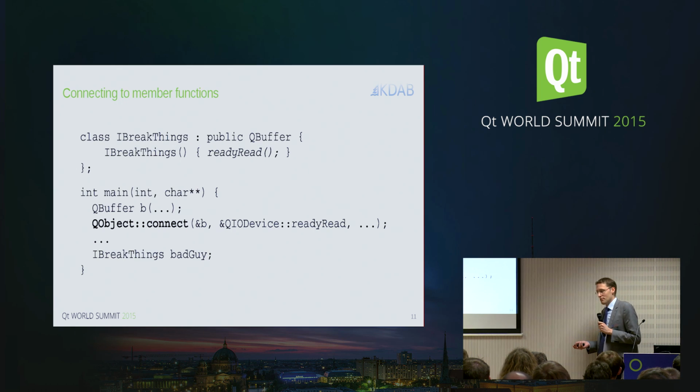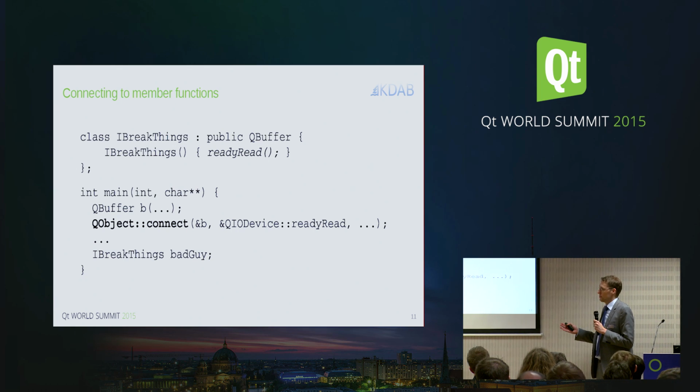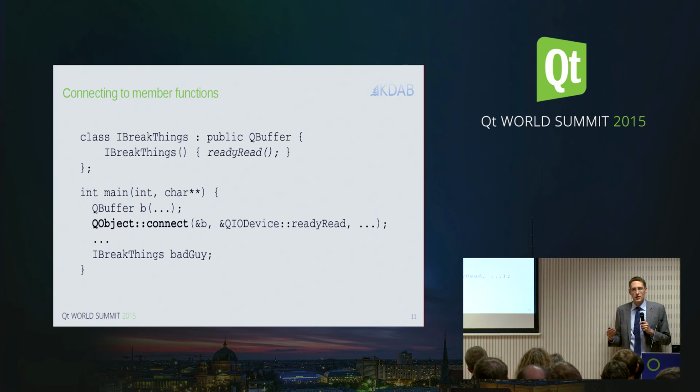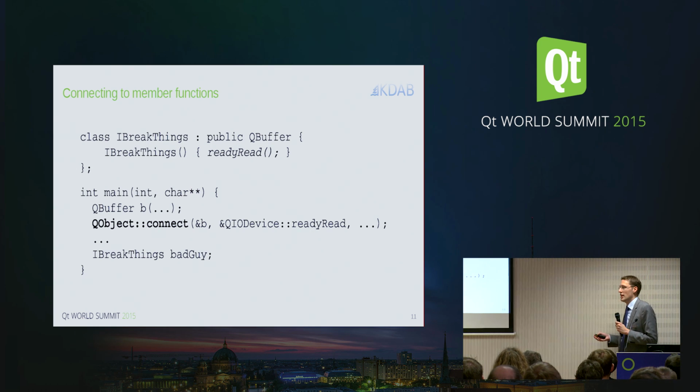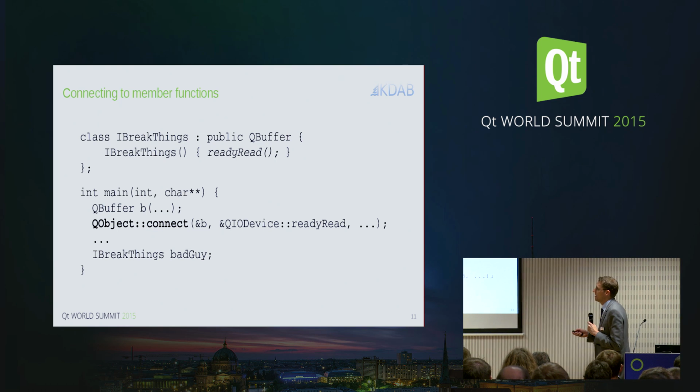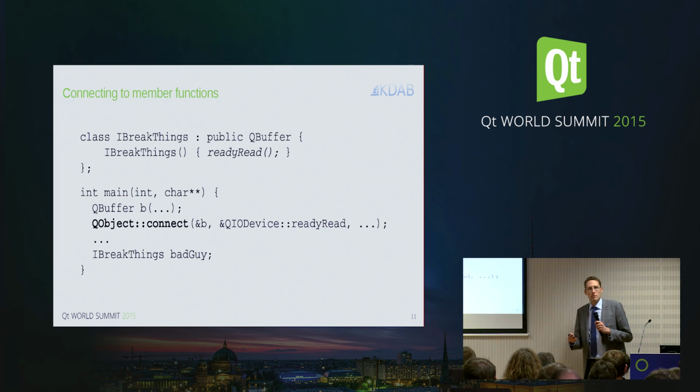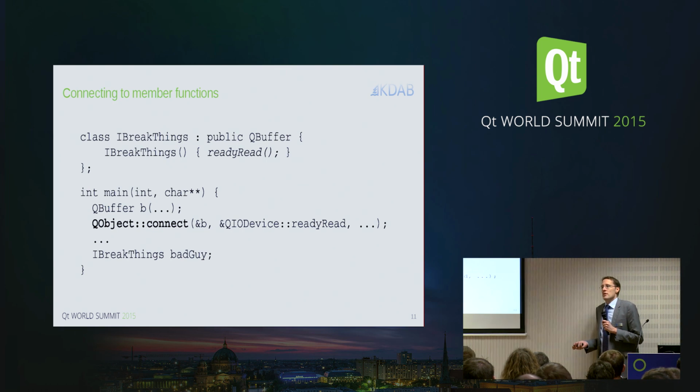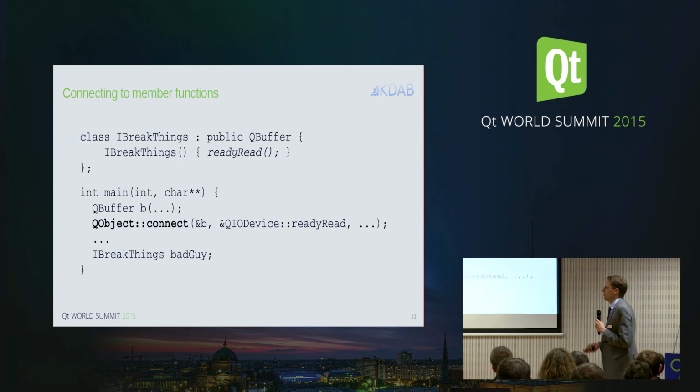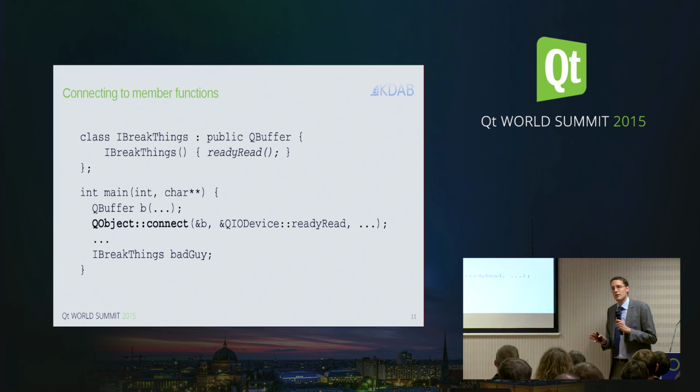The way the signal lookup works is the meta object has the function pointers for all the signals in its data structure, and it compares with whatever you pass in here. And if it's found, then the connect succeeds. If it doesn't, well, then the connect fails. So this is weird enough, right? This shouldn't fail at all.